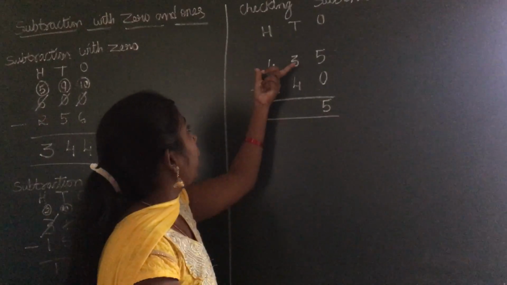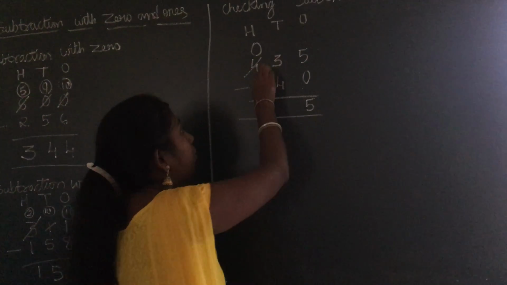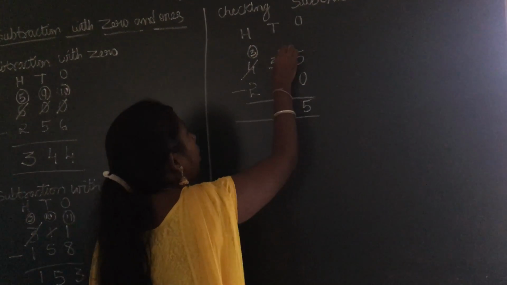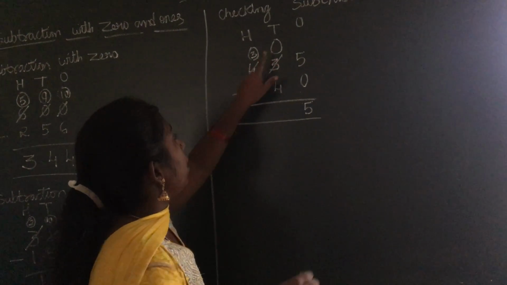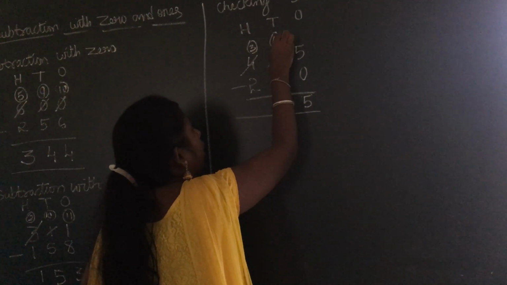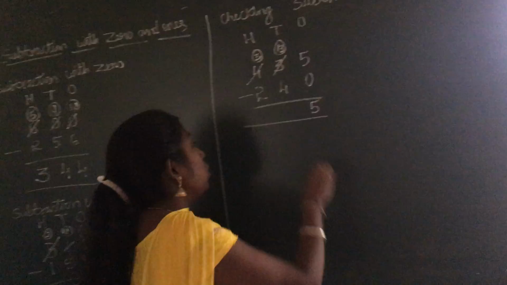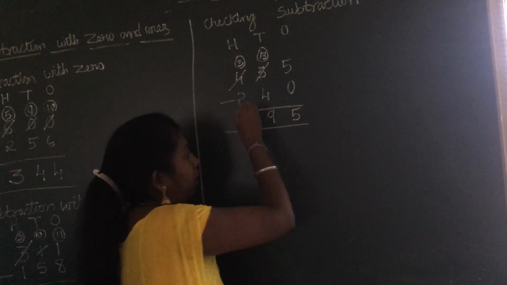So we are regrouping hundreds and tens column. After regrouping, 4 minus 1 is 3. And here what number does it become? 1 to the tens place. So 13. 13 minus 4 is how much? 9. Then 3 minus 2 is 1.